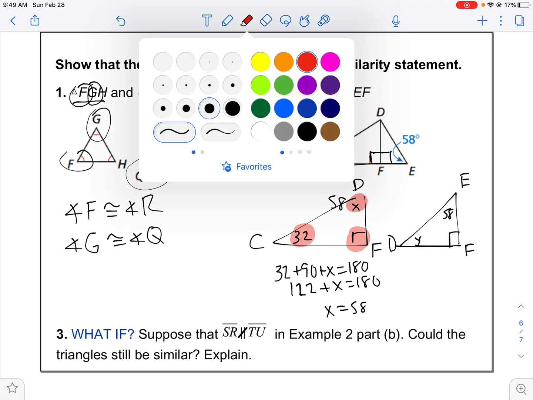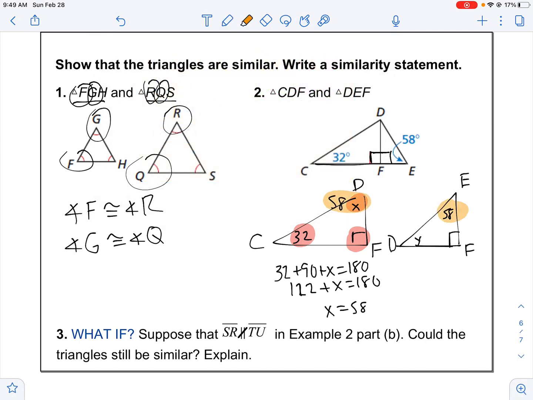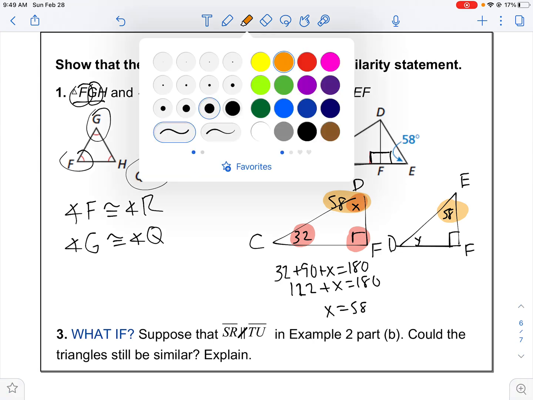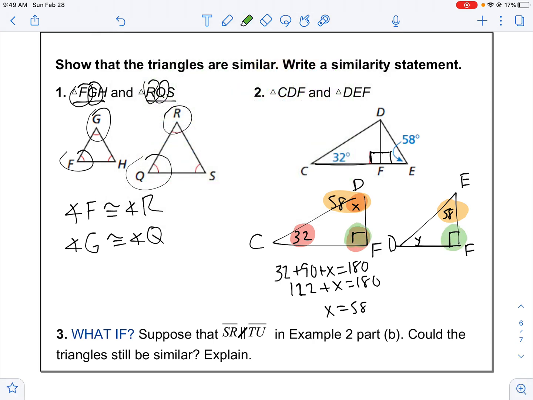But that's awesome because now I've got 1, 2 congruent angles. So angle D is congruent to angle E because they're the same value. And angle F is congruent to angle F because they both have the same mark, 90. And we did it. We're done. So that is 8.2, solving by angle-angle similarity.